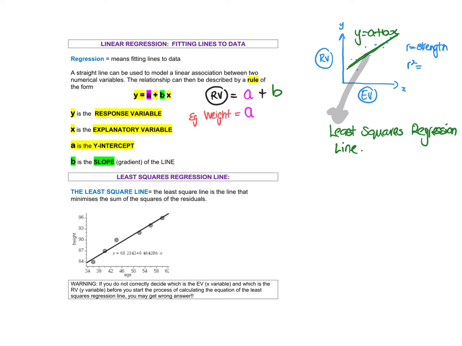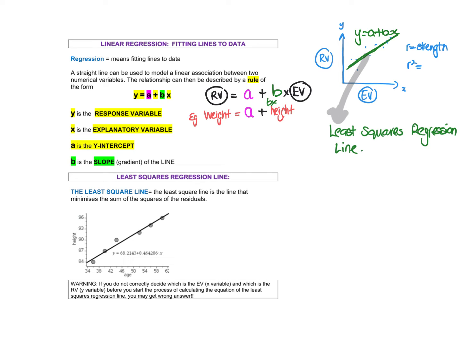Then we'll say times the explanatory variable. In our example, we were calling that height. So instead of writing y and x, we'll now write the variable names. Sorry, it should have been B times height.